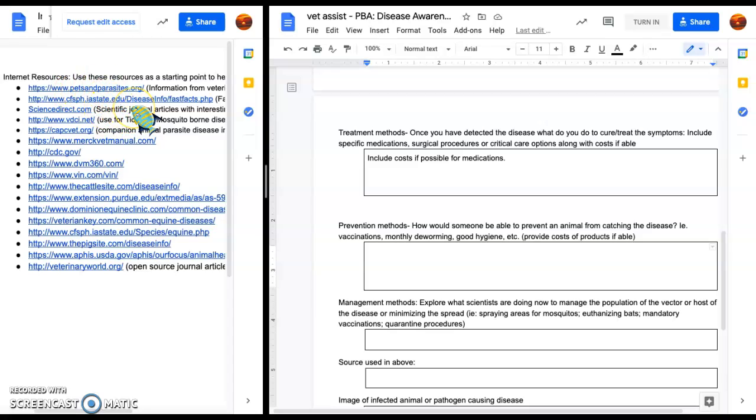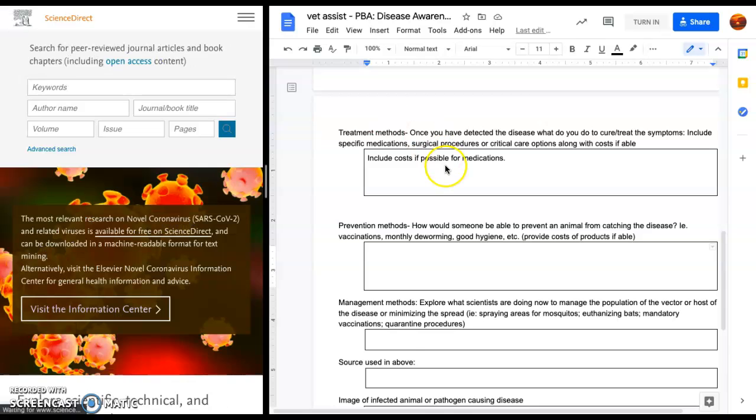I'm not dealing with a parasite, so I don't need to worry about that. I can go into Science Direct and see what I've got going on. Otherwise, I can surmise if it's a dietary thing, what am I going to do, right?